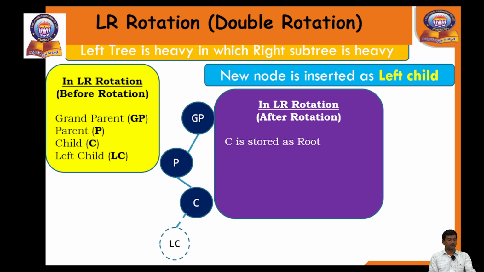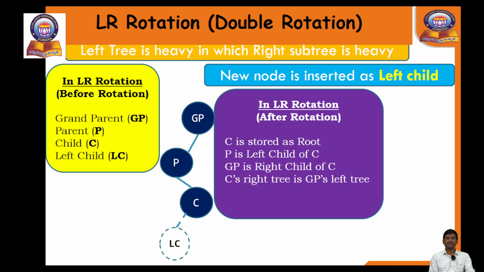C becomes the root node, and similarly P is the left child of C and GP is the right child of C. C's right tree, if it is present, becomes the GP's left tree, and C's left tree, if it is present, becomes the P's right tree.